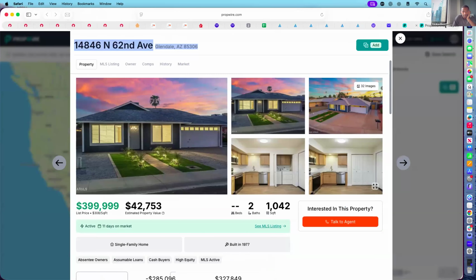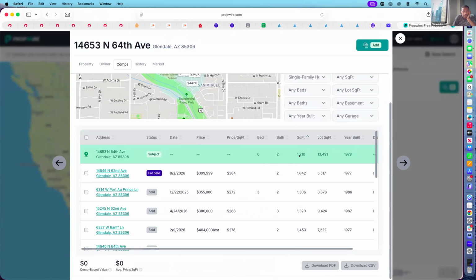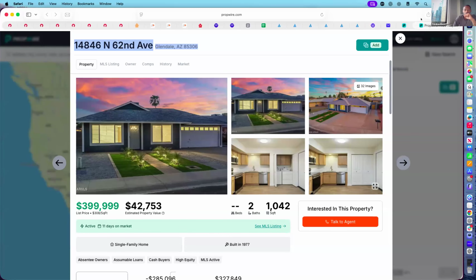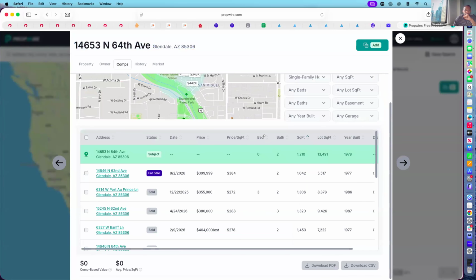That's more accurate. It sounds more like it from what they said. And the subject property is at 1,200 square feet. That's a good comp. That's a good comp.